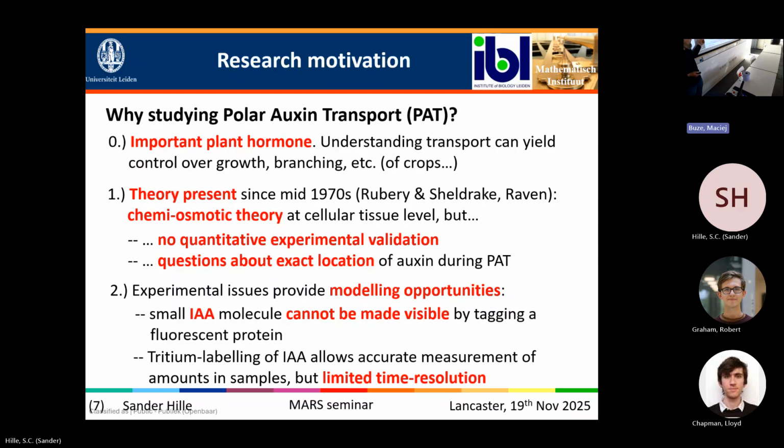On the other hand, you can use radioactively labeled auxin, tritium labeled auxin, but then you cannot have a well-resolved picture in time. You can see very accurately how much there is in a particular part of space, but then you need to cut down part of your plant, so you can do that only once.